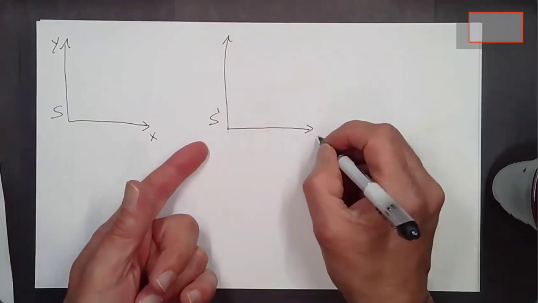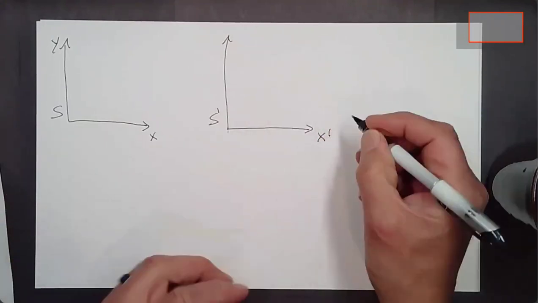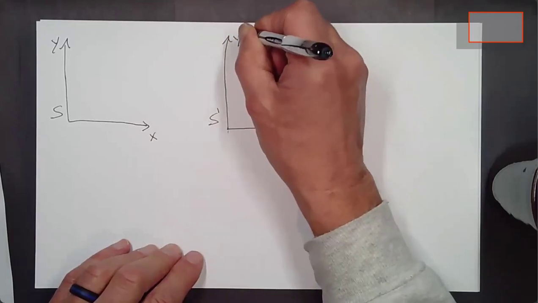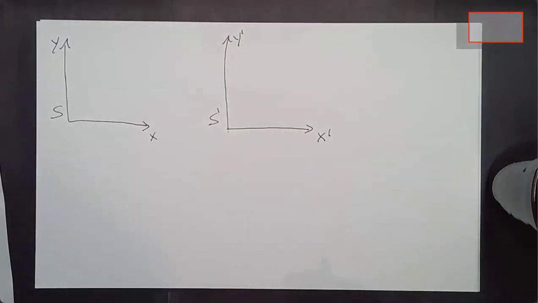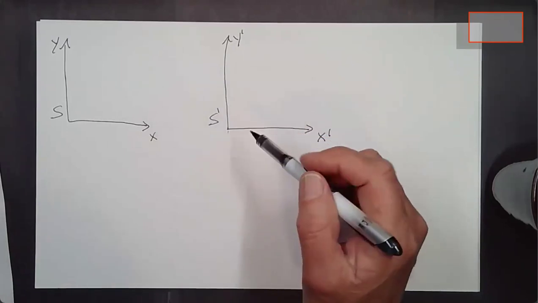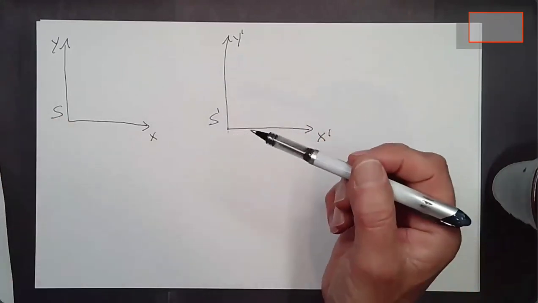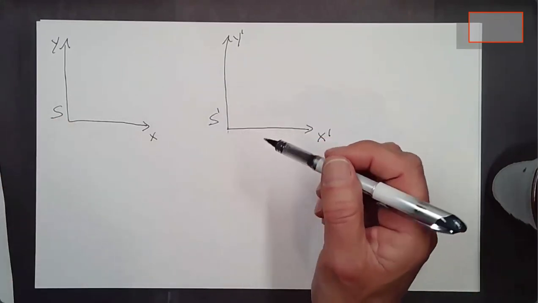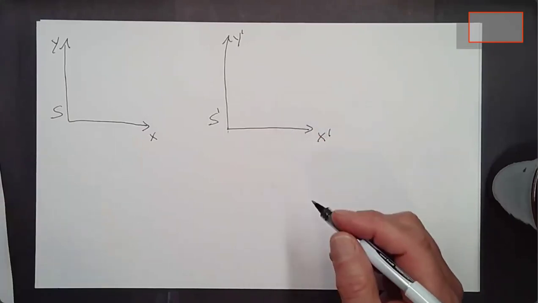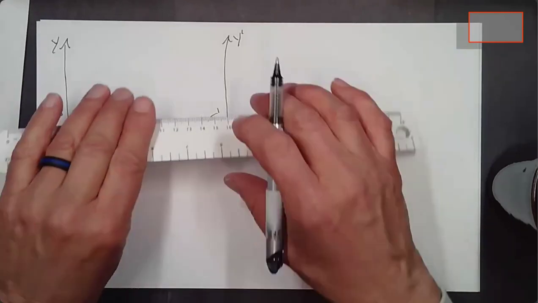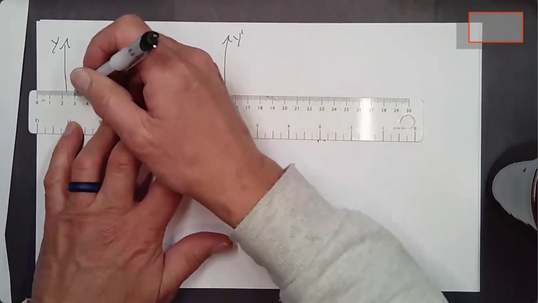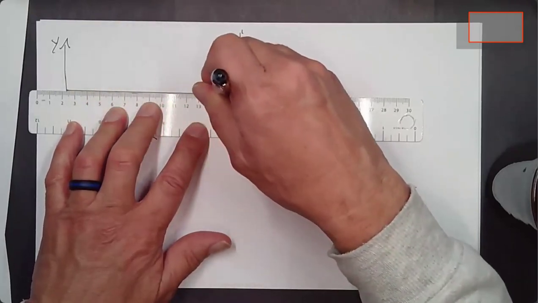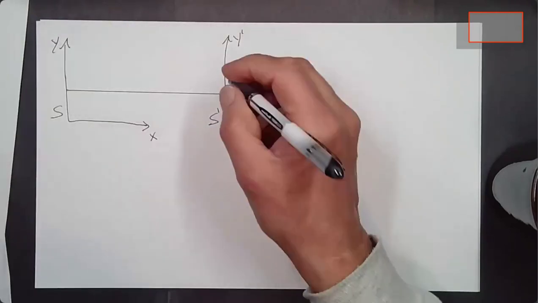It has an X prime coordinate and a Y prime coordinate, and presumably it would have Z and Z prime coordinates that are coming out of the board or out of the page at us. But the primed coordinate system is moving to the right with respect to the unprimed coordinate system.